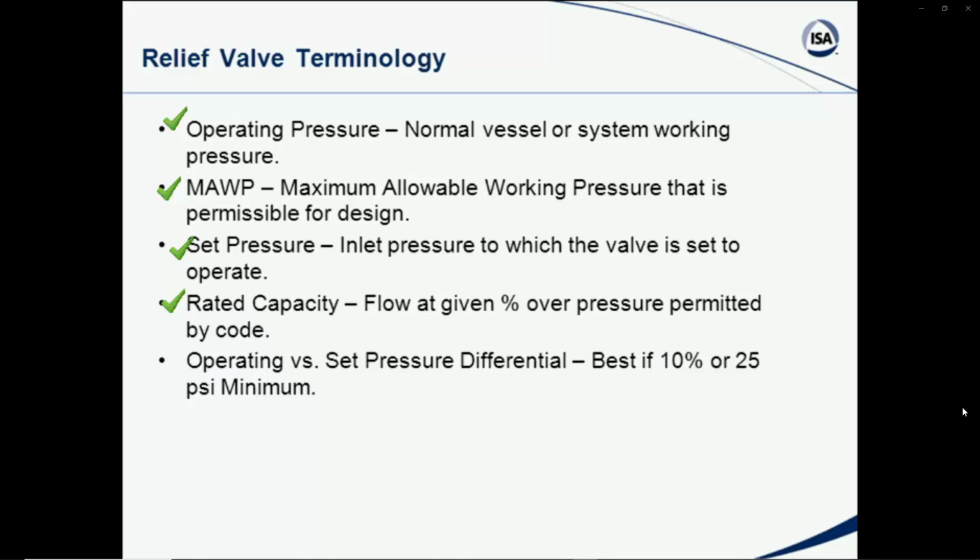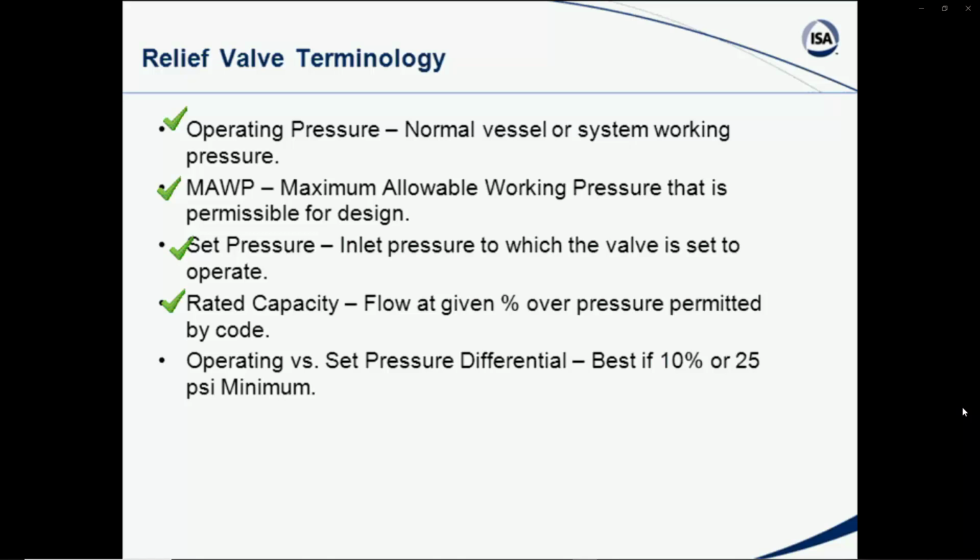That is the flow that has to be carried by this relief device at some given percent overpressure permitted by code. The code we're referring to here is the ASME Unfired Pressure Vessel Code, I think Section 8 or something like that. You probably need to look at the ASME Unfired Pressure Vessel Code to see about this overpressure.